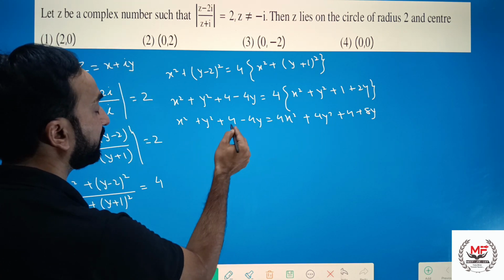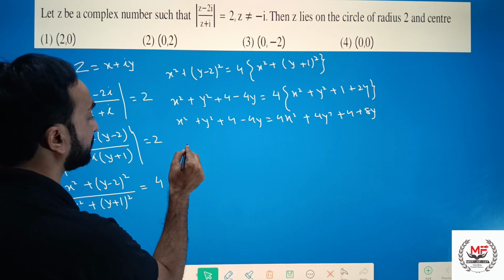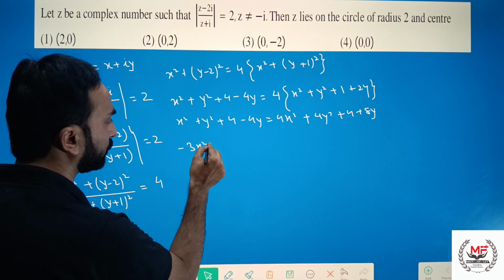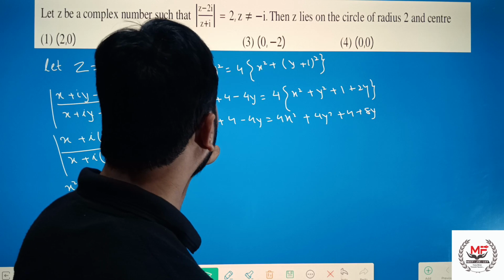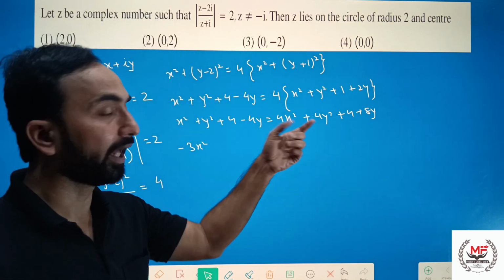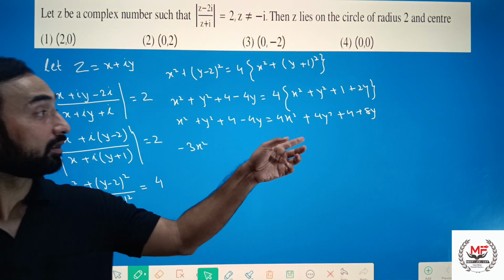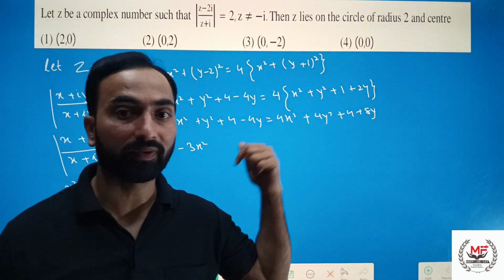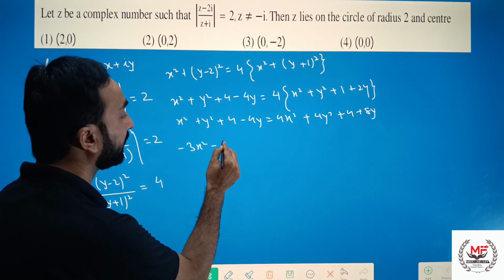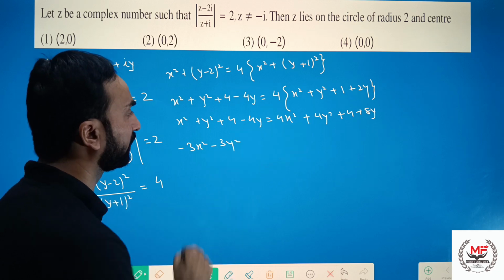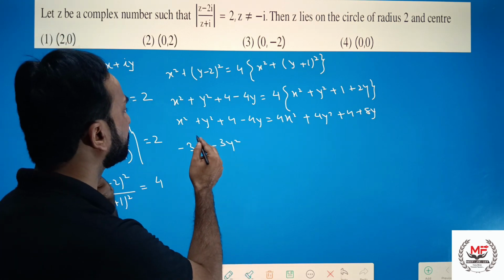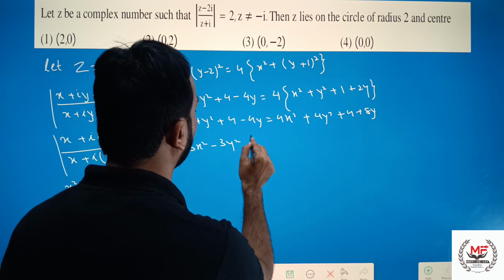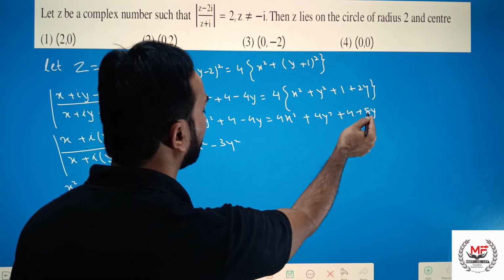Now I can see here that this side we have x square, this side I have 4x square. So when we shift the 4x square to the left hand side, I will get minus 3x square. Again we have y square this side, and the next side we have plus 4y square. So we will shift the right hand side 4y square to the left hand side, and I will get minus 3y square. Next term we have is minus 4y and plus 8y.